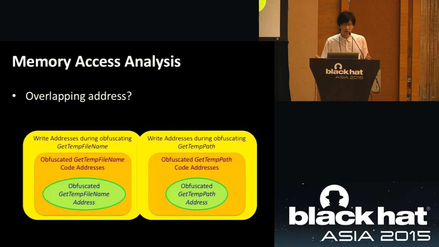Temporary buffers are shared. So write addresses, for example, of GetTempFileName and GetTempPath, are obfuscated sequentially, and their addresses overlap. Write addresses overlap a little, but the obfuscated GetTempFileName code addresses and the obfuscated GetTempPath code addresses don't overlap, so it's safe.